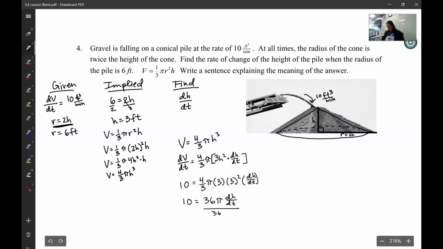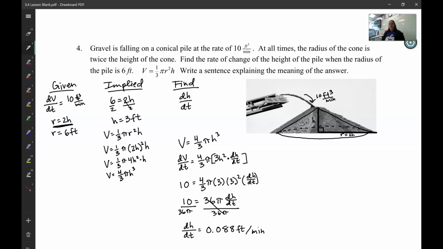Divide by 36 pi. So dH dt should be 0.088. And this is a rate, so it's going to be per, and it looks like it'll be feet per minute, which I know by looking at that one. Okay, feet per minute. So that's our answer.